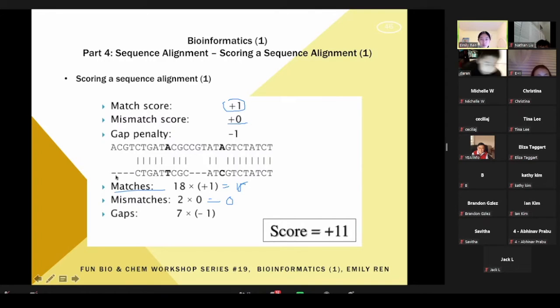So for gaps, we count the number of spaces, 1, 2, 3, 4, 5, 6, 7. So that's 7. And then we apply the gap penalty score of -1. So then we get -7. And once we add all of these scores together, we can get the score of the sequence alignment of +11.